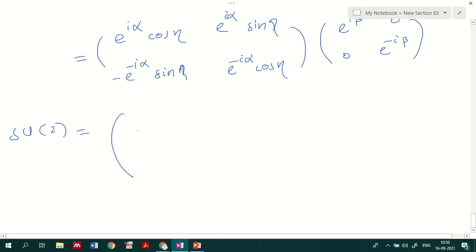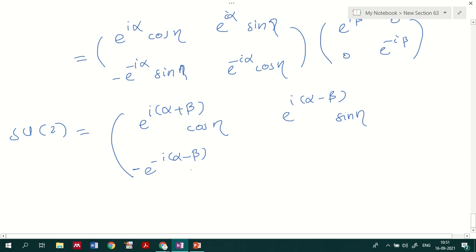If you do the next step, you will get e raised to i (alpha plus beta) cos theta and e raised to i (alpha minus beta) sin theta, and minus e raised to minus i (alpha minus beta) sin theta, e raised to minus i (alpha plus beta) cos theta.